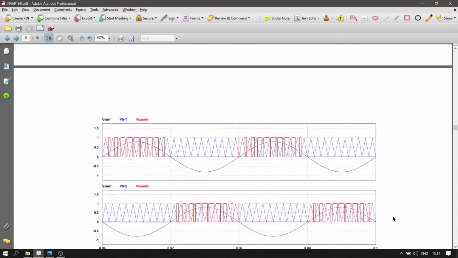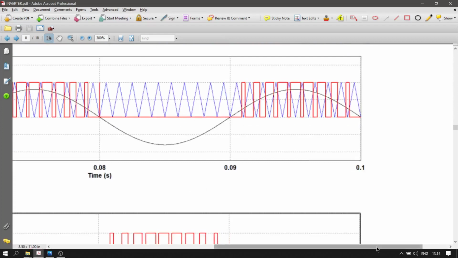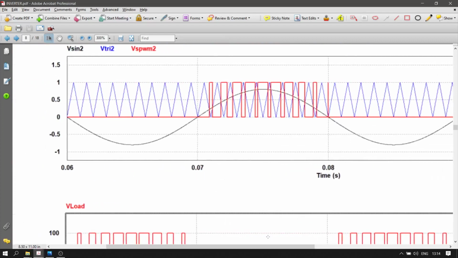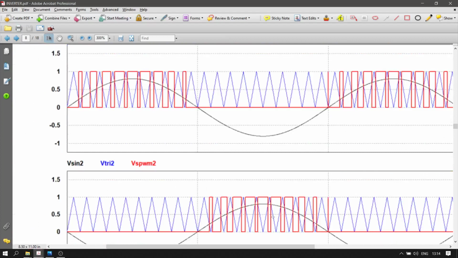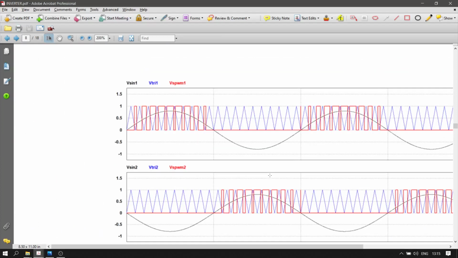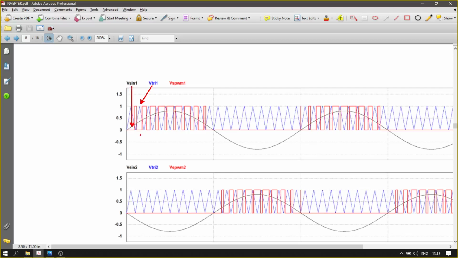So let's look at this example. For this, we just focus on one of the PWM signals. The blue waveform here is the triangular carrier signal, compared with the sinusoidal signal, and the red waveform there is the output.